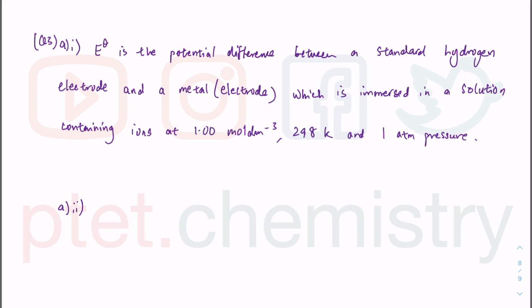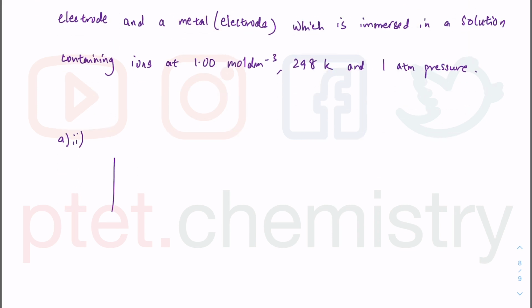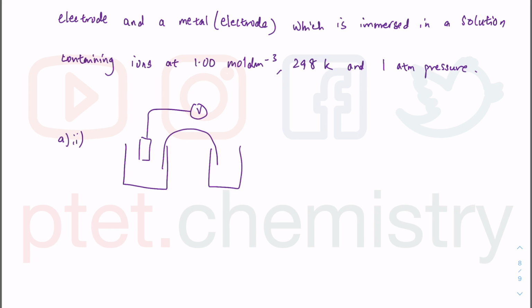Okay, so looking at what you have, if I just very quickly scribble out what we have. I'll just draw it like that and that, and then we have the salt bridge, and then obviously we have a platinum and a voltmeter going like that.